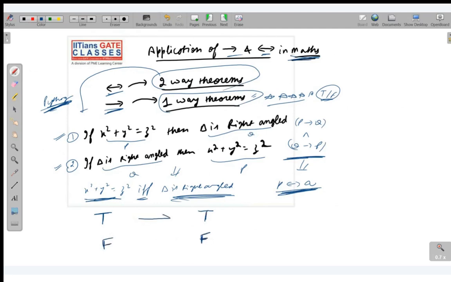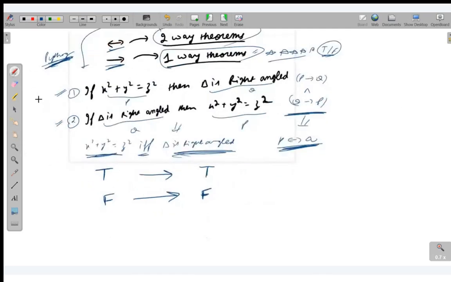True implies true, false implies false. And also, if I am saying the triangle is right angled, this should mean that x square plus y square is equal to z square. And when the triangle is not right angled, that means x square plus y square should not be equal to z square. Are you getting it? These 4 points are very, very crucial for you to understand the two-way theorem.